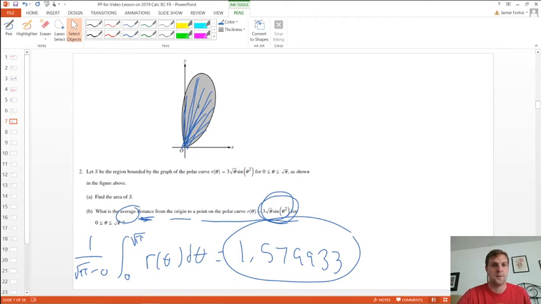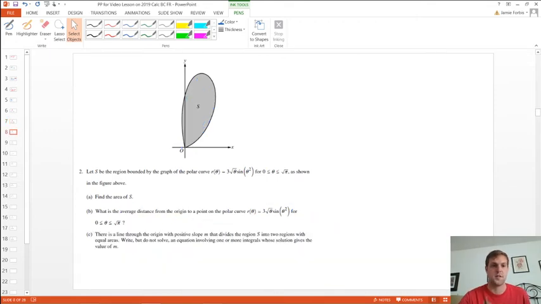Now, part C. Part C was confusing. All right, I struggled with part C, so I don't hold it against you for struggling with this. If you got it on your own, that was awesome. C says, there is a line through the origin with a slope m that divides the region S into two regions with equal area.